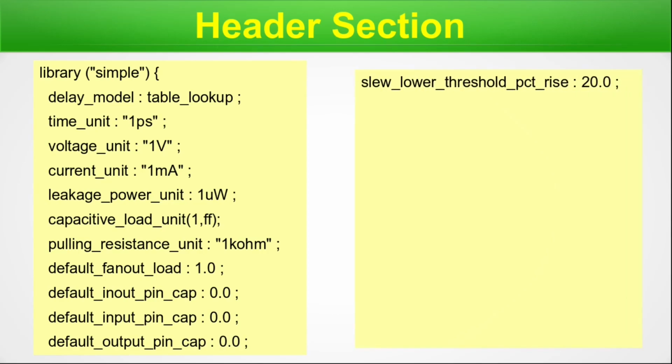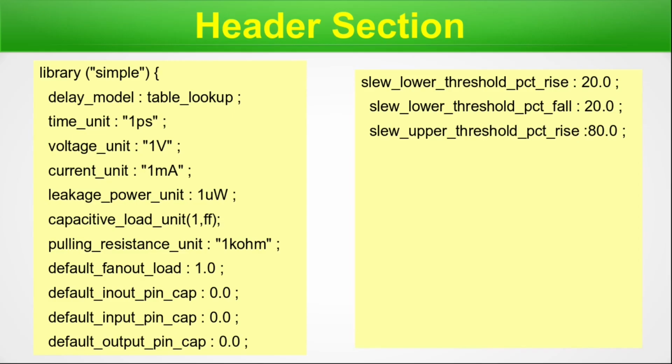We continue again. Slew lower threshold PCT rise 20.0, slew lower threshold PCT fall 20.0, slew upper threshold PCT rise 80.0, slew upper threshold PCT fall 80.0.